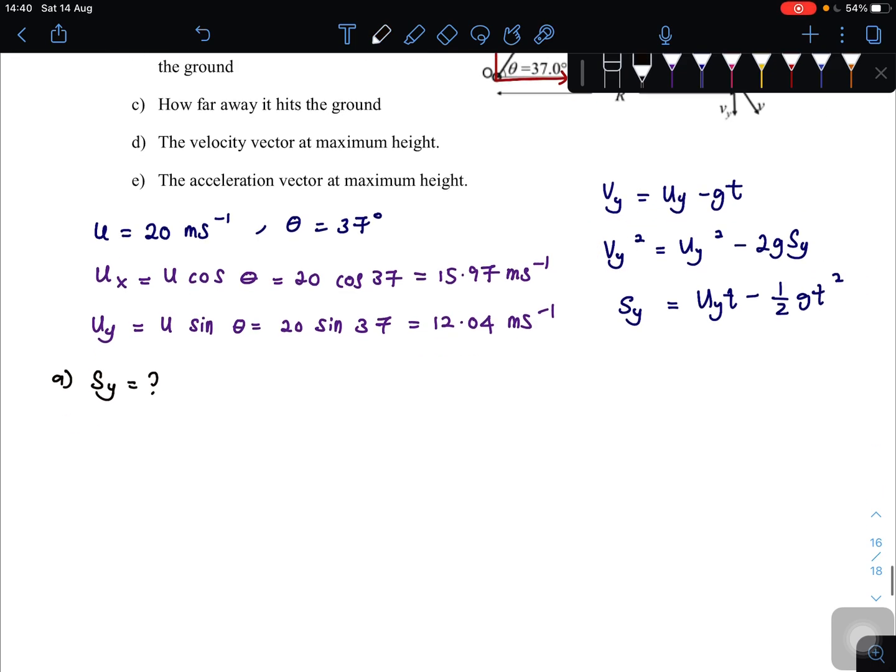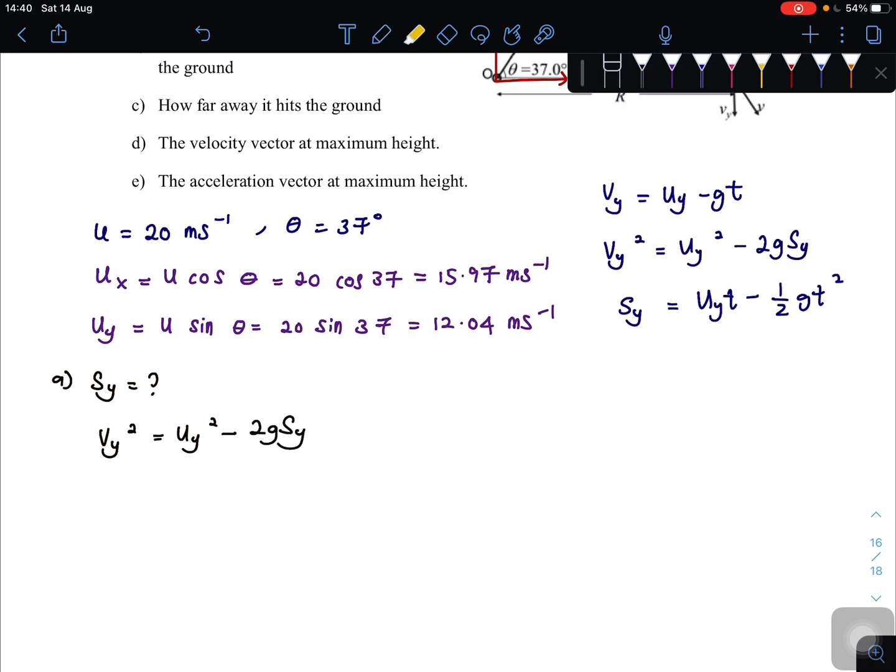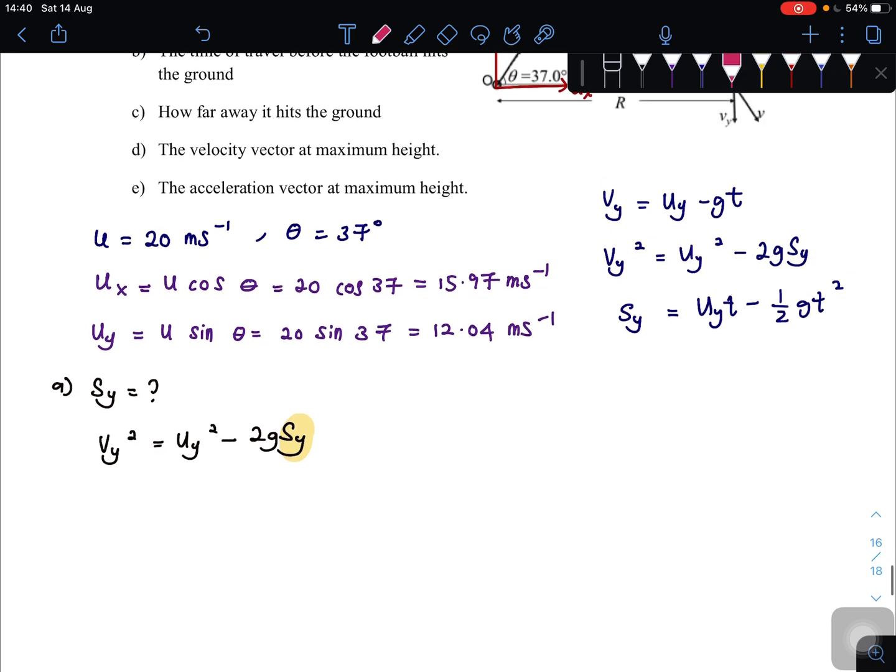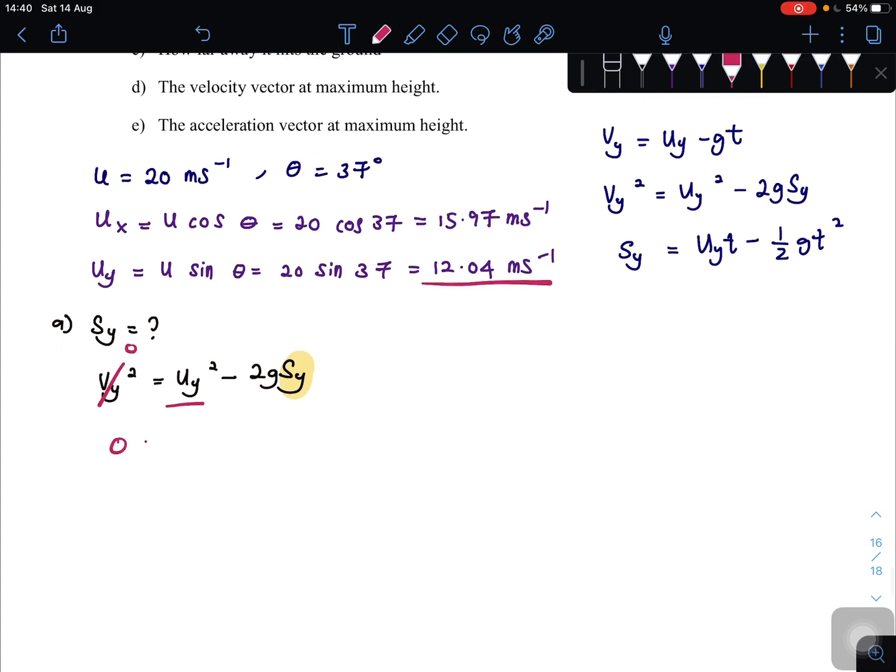So let's write that down. Vy square is equal to Uy square minus 2g Sy. And we want to find Sy. And we know that here Vy is equal to 0. And then Uy, we have the value here. So just masukkan 0 is equal to 12.04.